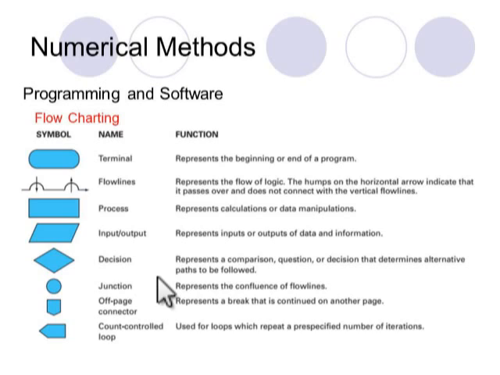That is, you say, do this operation 10 times, and then you say that if a certain value is greater than this one, then get out of the loop. So that is what the off-page connector is. And you have the count control loop, so that is basically the loop. These are the symbols for the flow chart.